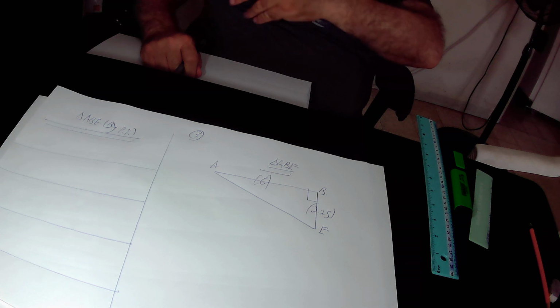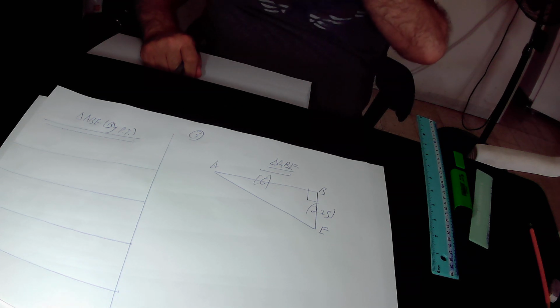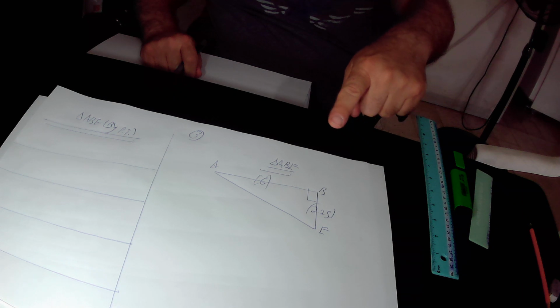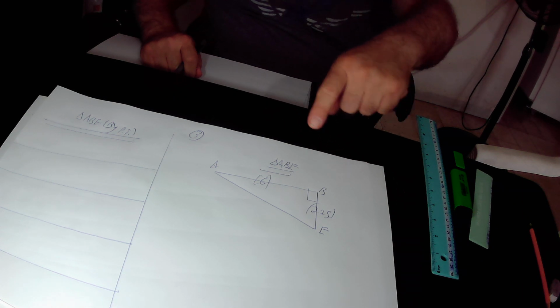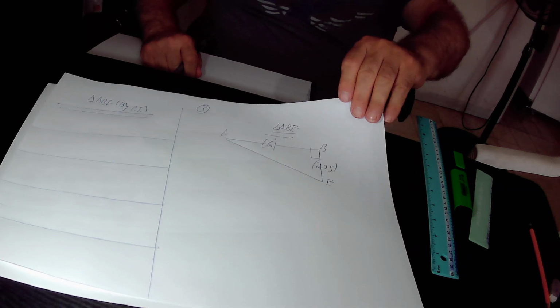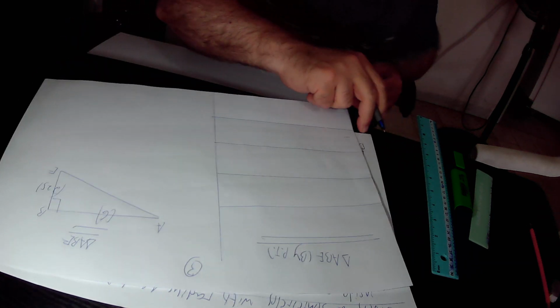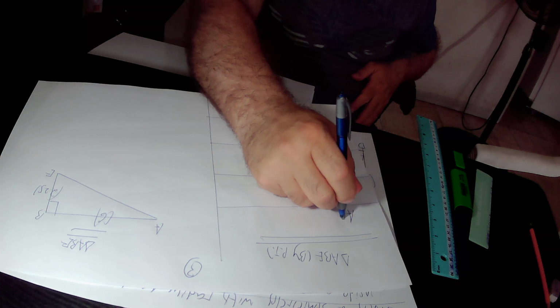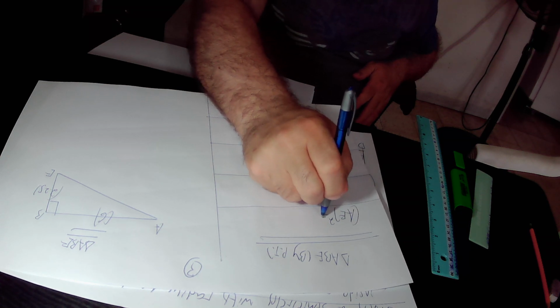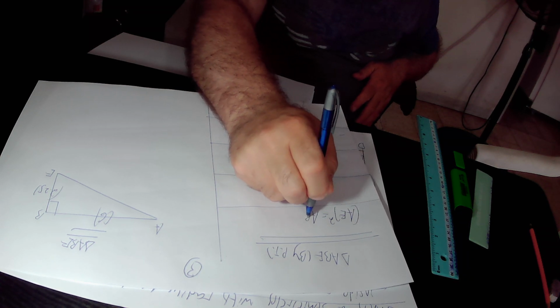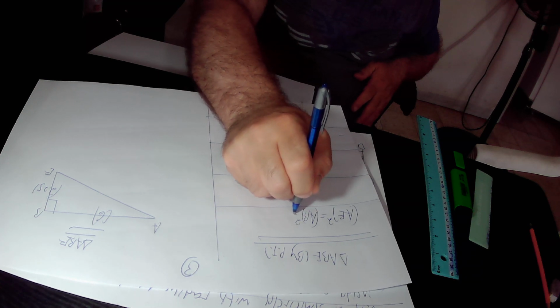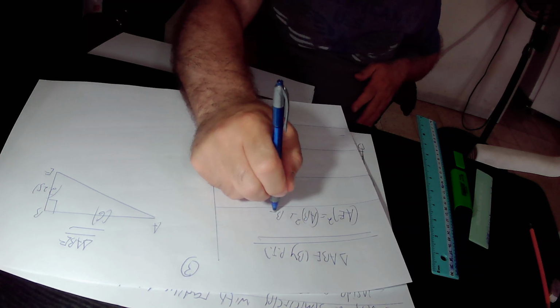So according to the Pythagoras theorem, in this right triangle ABE, AE square equals AB square plus BE square. So I write it down. AE square, that is the square of the hypotenuse, must be equal to AB square plus BE square.